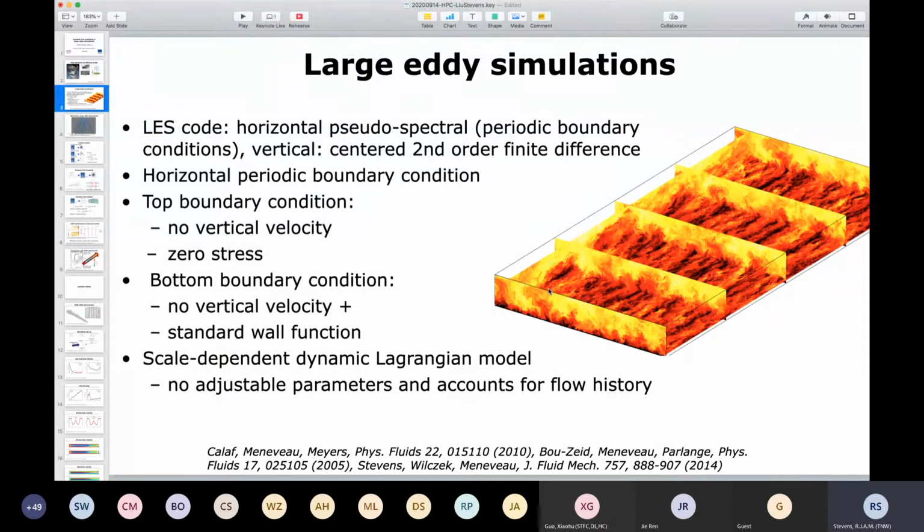For this reason, it's pseudospectral in the horizontal directions and finite difference in the vertical direction. It has horizontal periodic boundary conditions, which gives some complexity if we want to model wind farms or turbulent inflow on a wind turbine, so I will shortly address this as well. Boundary conditions are adjusted based on the problem under consideration, and there are several advanced options for subgrid modeling in these large eddy simulations in order to use computational time as efficiently as possible.